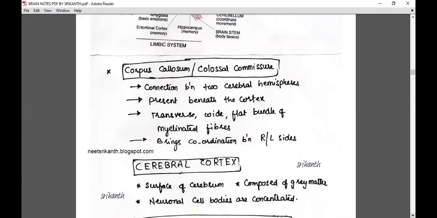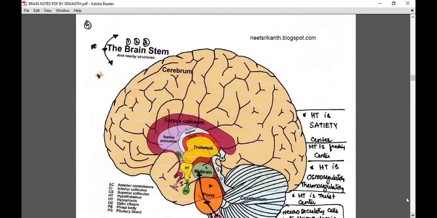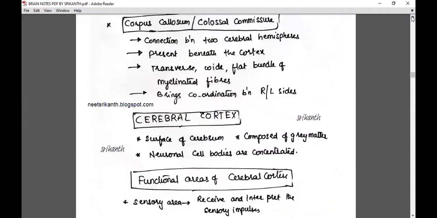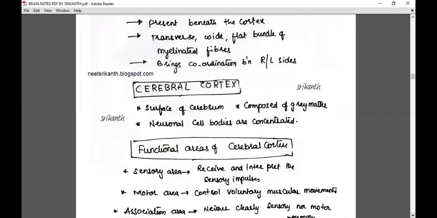Not only now, after that, when you go to medicine even, this word is going to be very helpful to you. In this neuronal cerebral cortex, we have a word, composed of gray matter, where neuronal cell bodies are concentrated. That is theory. But logically, we can remember what cortex is: cell bodies, dendrites, unmyelinated axons. Because cell bodies and dendrites contain Nissl granules only, it is composed of gray matter.